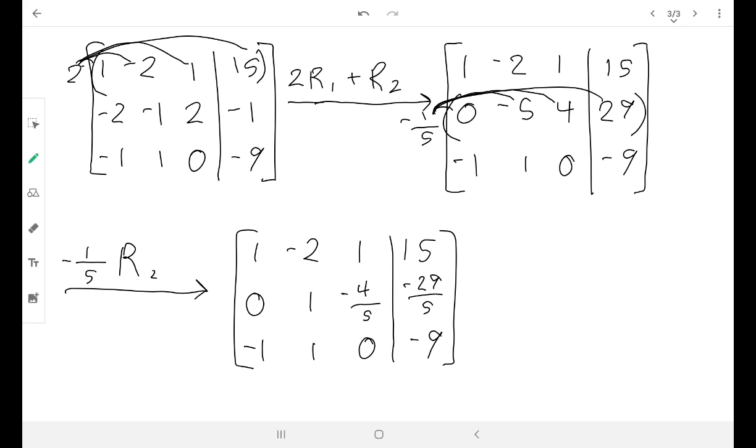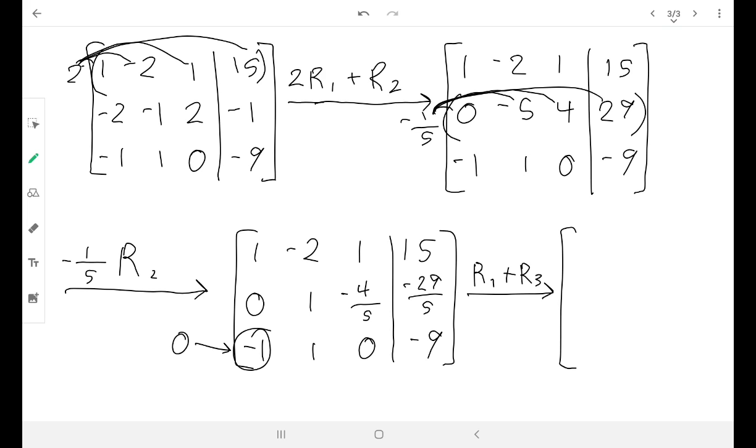Now let me work on the third row. It turns out that if I just do row 1 plus row 3, I'll get a new row 3 with a 0 right there.